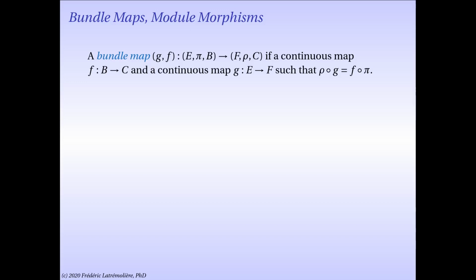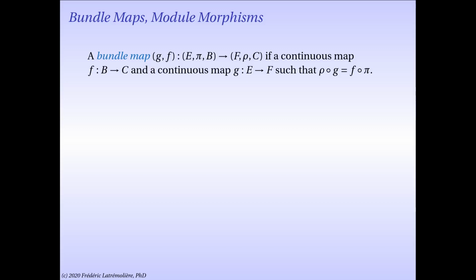First, a morphism of vector bundles is called a vector bundle map. A bundle map (G, f) from a vector bundle (E, π, B) to a vector bundle (F, ρ, C) is an ordered pair of two continuous maps, the map f from B to C and the map G from E to F, such that ρ composed with G is f composed with π.